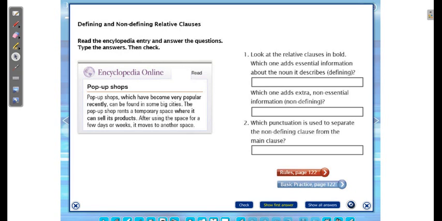So, what do you think? Look at the relative clauses in bold and tell me which one adds essential information, which is defining. Yes, that's right. And which one adds extra non-essential information? Yes, that's it. Which punctuation is used to separate the non-defining clauses? Yes, the comma. Okay, so we're finished with the grammar now.